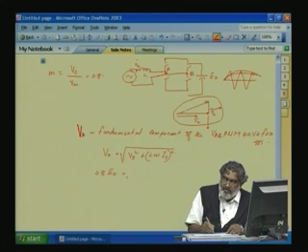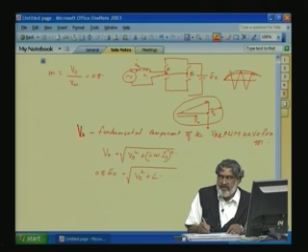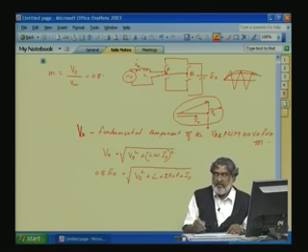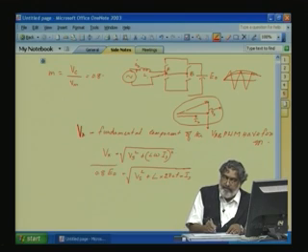This will be equal to root of Vs square plus (L omega Is max) square. For a 50 hertz operation, omega is equal to 2 pi into F, F is equal to 50, into Is maximum. How do you find out this Is maximum?